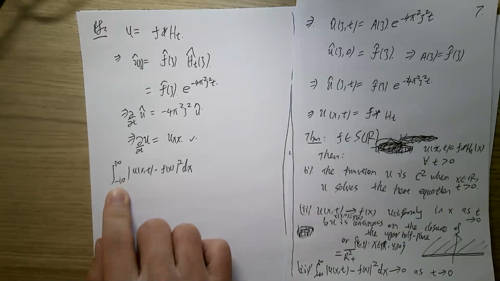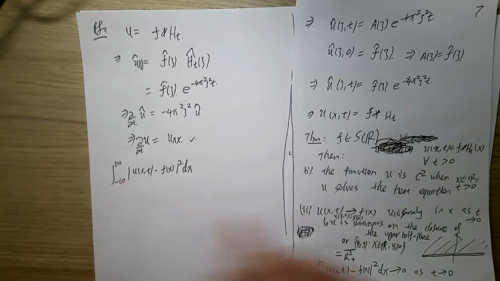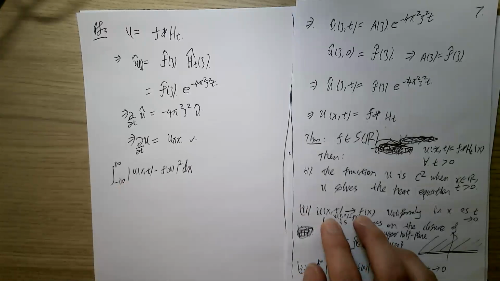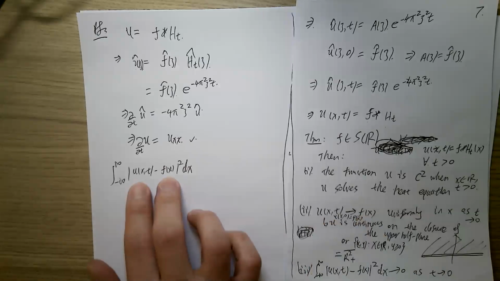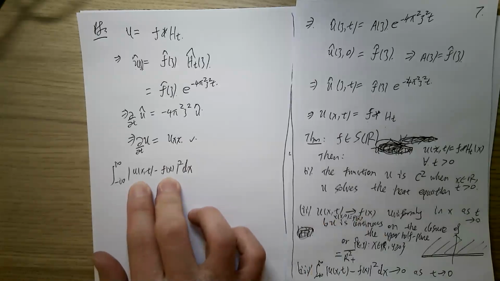Then you have uniform convergence, meaning the difference of these two functions is super small. So u(x,t) minus f(x) can be less than epsilon, and if you integrate this epsilon from minus pi to pi, it will still be very small.